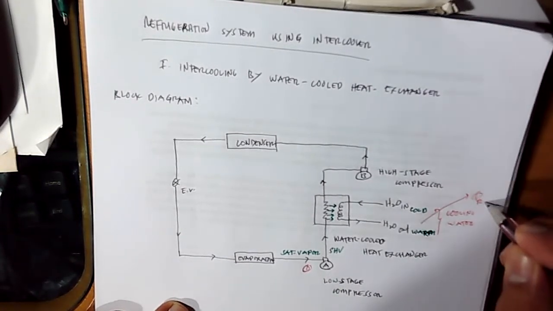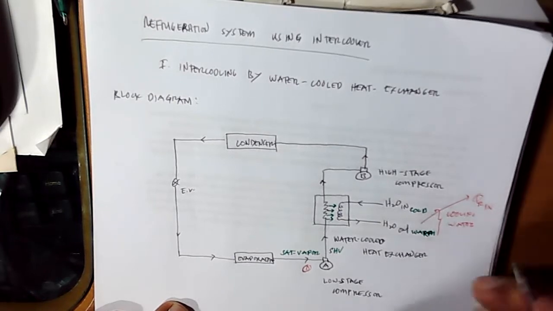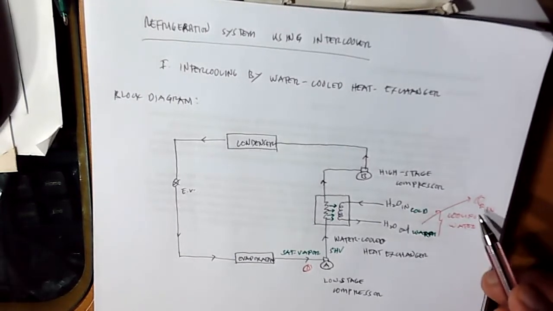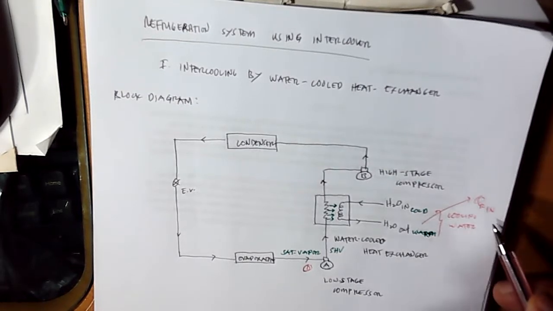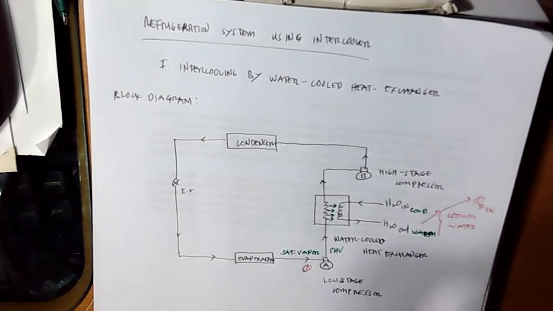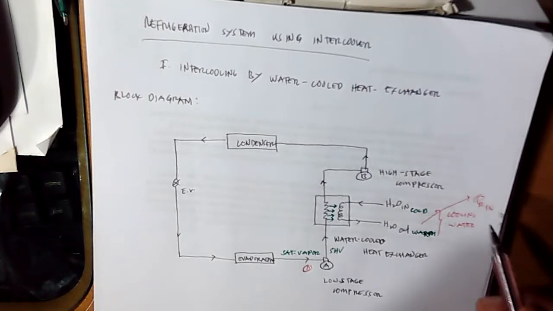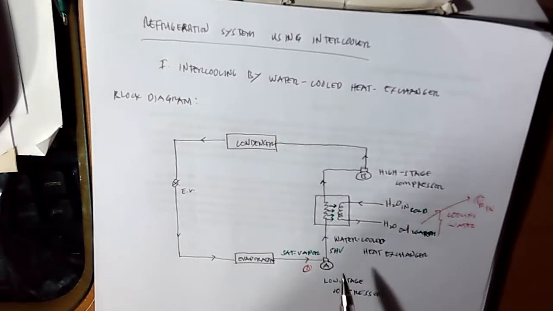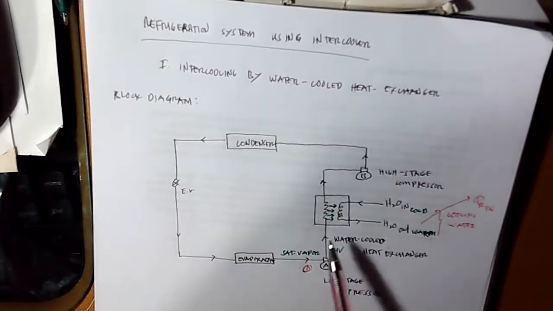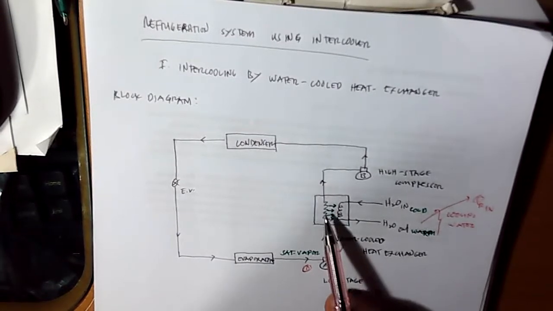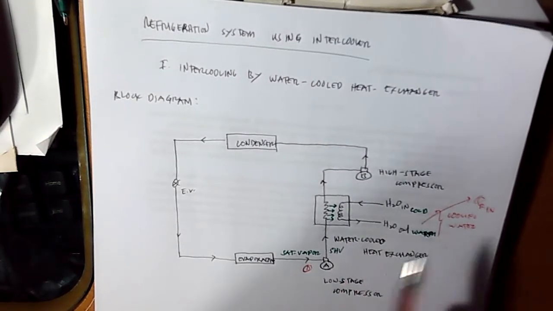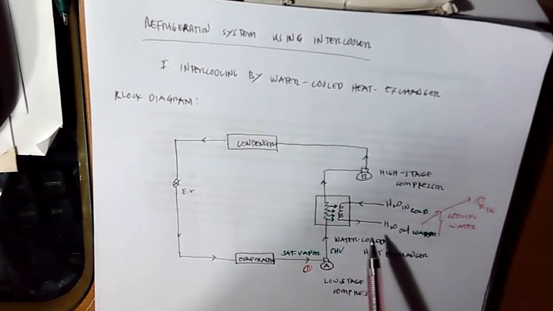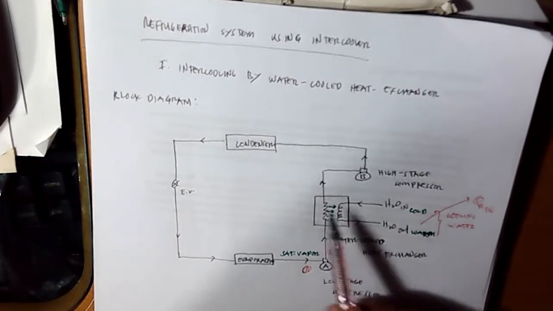We can call that QR intercooler, or QR in: the heat rejected coming from the intercooler. Upon rejecting the heat of your refrigerant side, it is absorbed by the cooling water, and all of this heat is rejected to the atmosphere.